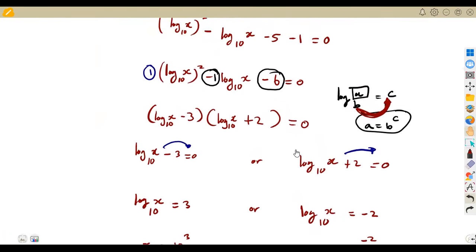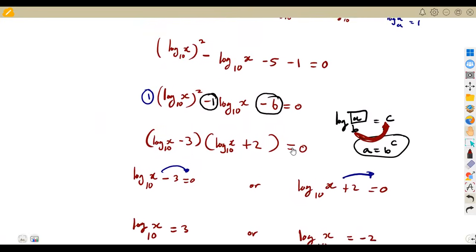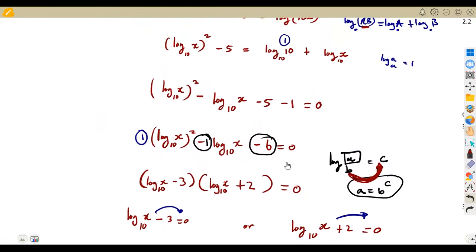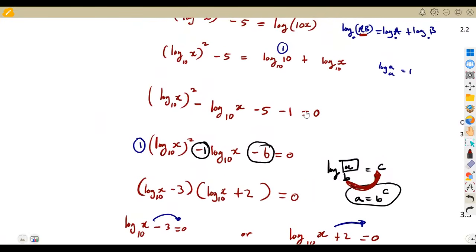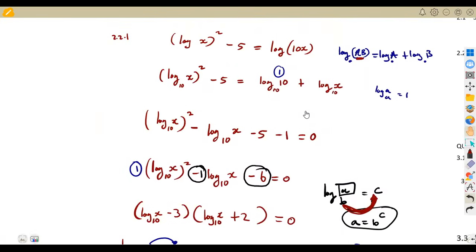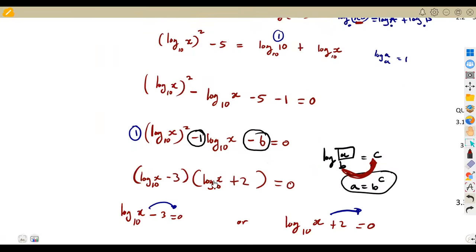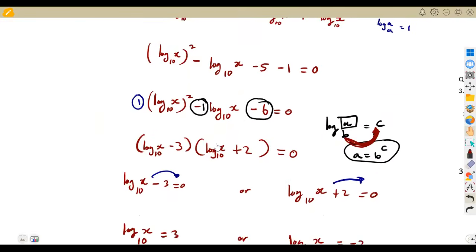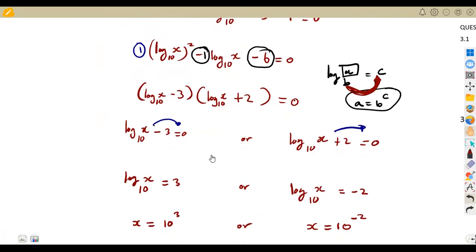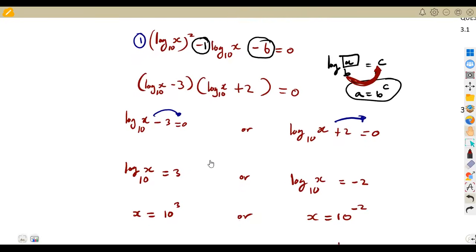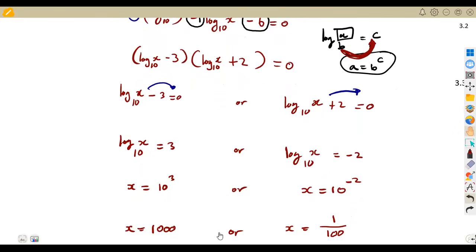It's a logarithmic equation, yes, but at the end we ended up with a quadratic equation that we can solve by factorizing, and we can find our values of x by applying the relationship between logarithms and exponents.